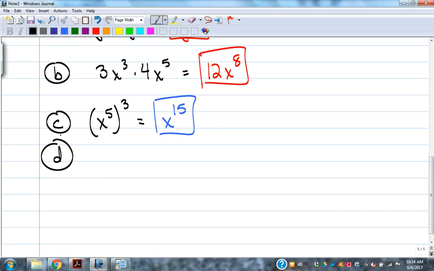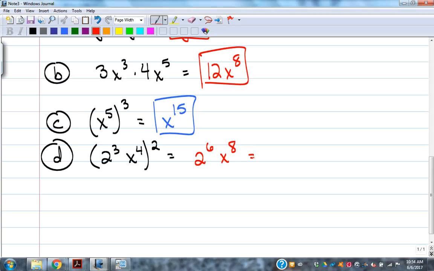What if there's more than one thing inside the parentheses? Take, for example, this problem. 2 to the 3rd, x to the 4th, and then that's all squared. Well, the exponent on the outside still multiplies to the exponents on the inside. So we end up with 2 to the 6th, x to the 8th.